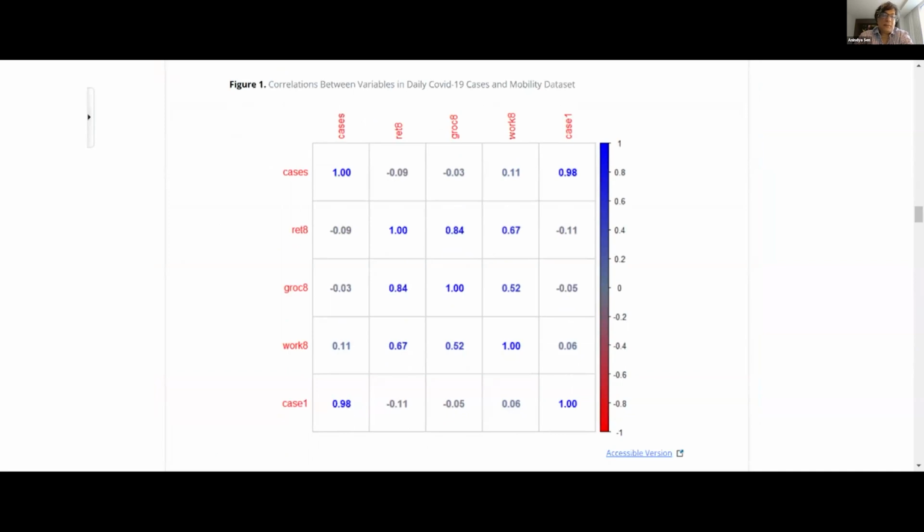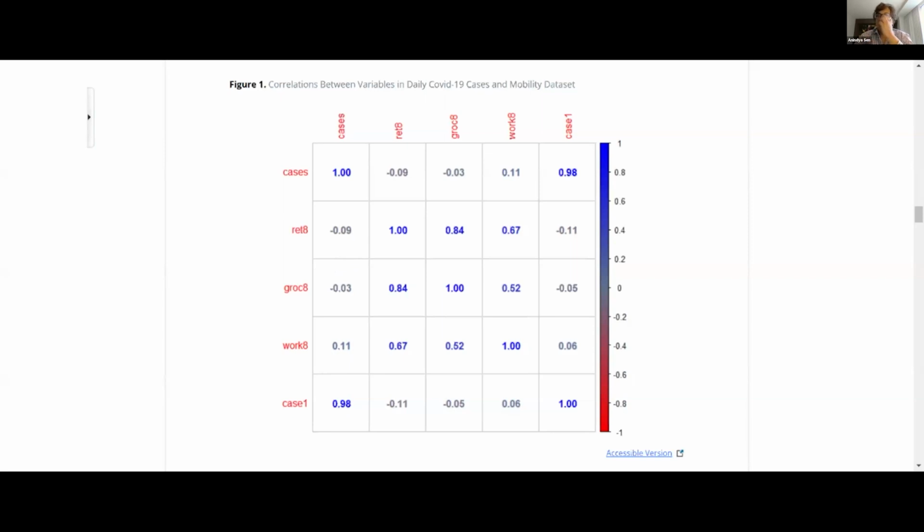In terms of population mobility, what seems interesting is that you really don't see much of a correlation. These are really low values between retail and grocery mobility, mobility at retail stores and grocery stores, and cases. Work mobility is maybe slightly higher than retail, and it's the highest we've got, but again not really overwhelming.